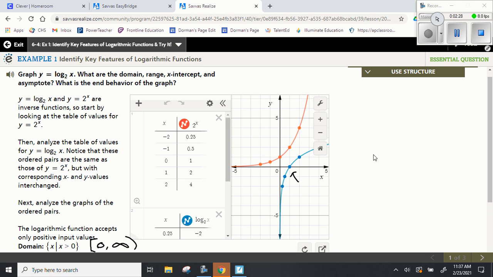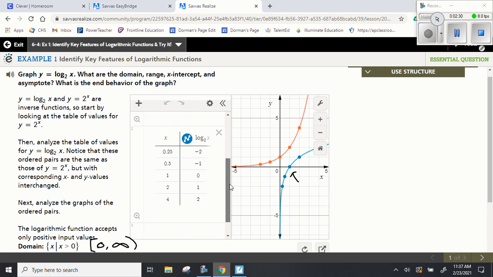We've got a point there at 1, 0 for the log. And you can also see that the graph of y equals 2 to the x power is a reflection of y equals log base 2 of x, the function that we're being asked to graph.